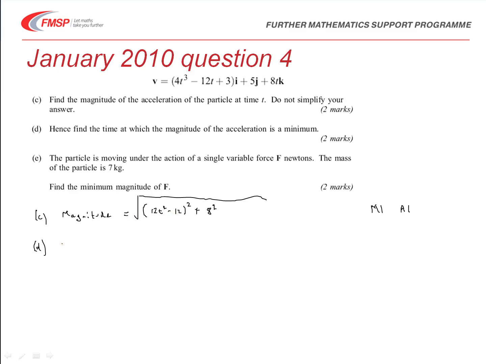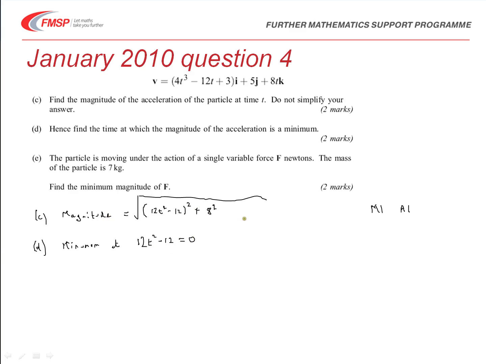So the minimum occurs at 12t squared minus 12 equals 0. And that will make the minimum magnitude at that point 64.